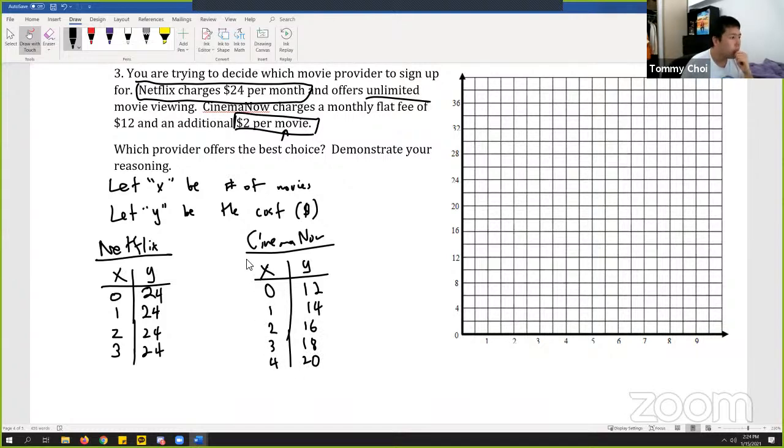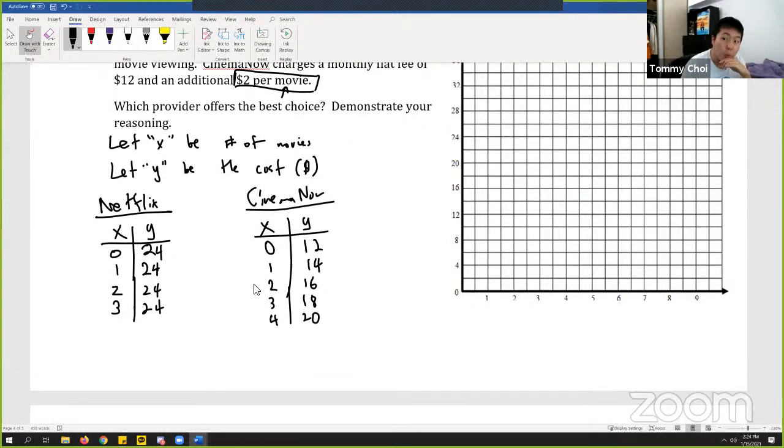Now, if we were to create an equation for this, what is the equation for Netflix? 24x is incorrect. Good try, though. Not y equals 24x.